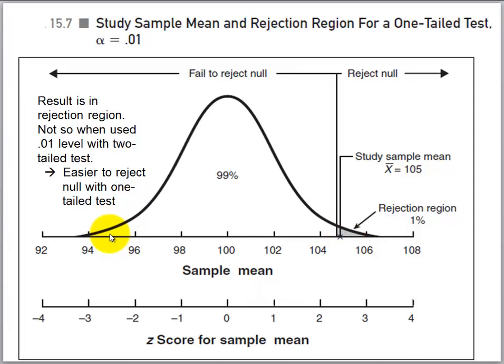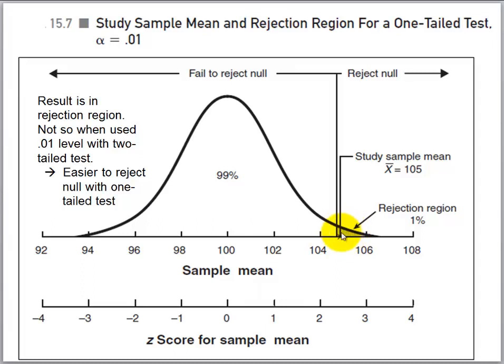You'd sum the 0.5 and the 0.5, and you'd get 1%. So when you use the 0.5 tails, well, they start 2.58 standard deviations away from the mean. So when we had a two-tailed test at the 0.01 level, we had two rejection regions.